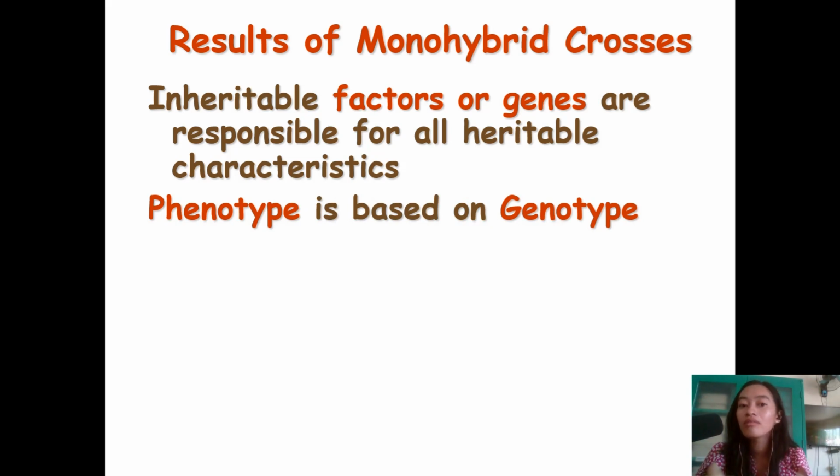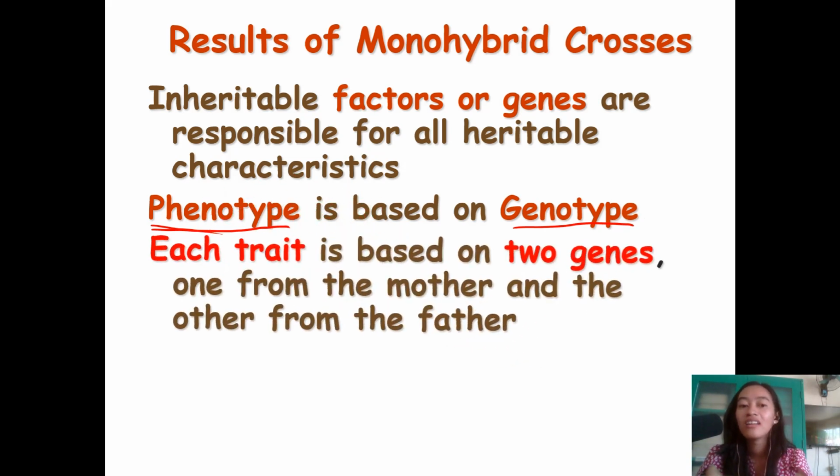So, and also, the physical or external na makitaan, ang characteristic yun siya nga makita, the phenotype is just based on the gene code or the genotype inside. So, inana siya. And each trait is based on 2 genes, one from the mother and one from the father.